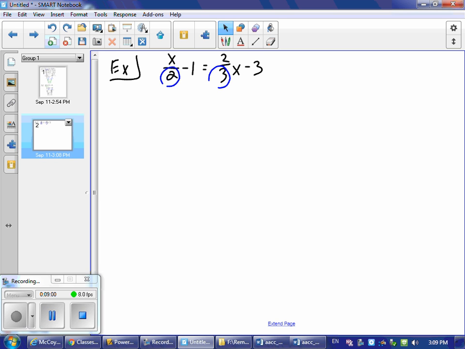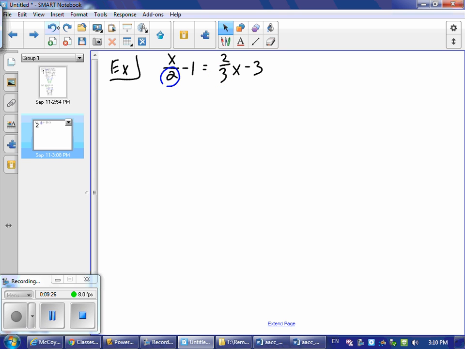What I can do is find a common denominator between those two things, and then whatever that common denominator is, I can multiply every single term by that denominator, and we're going to get rid of all these fractions at once, and then we'll have a much easier problem, a linear equation to solve. So the common denominator between 2 and 3, the easiest one is 6, because 2 and 3 both go evenly into 6.